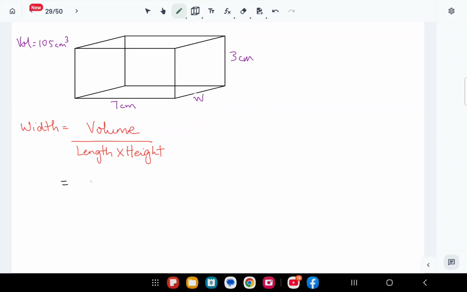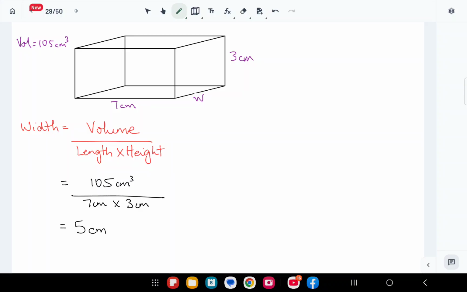The volume we know was 105 centimeters cubed, divided by the length, which was 7 centimeters, multiplied by the height, which is 3 centimeters. 7 times 3 is 21, 105 divided by 21, that will give us 5 centimeters. So we know that the width is equal to 5 centimeters.